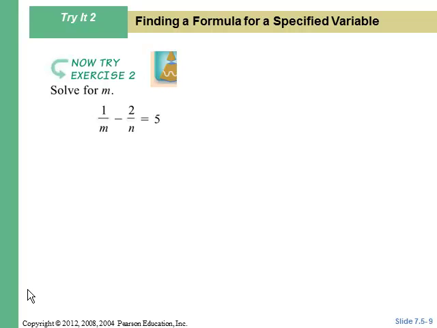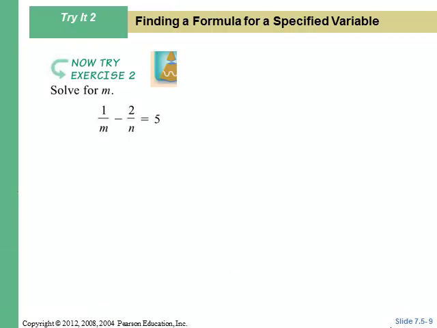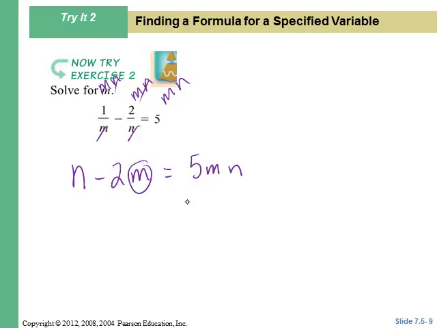All right, try this one. Okay, multiply everything by n, m, n. The m's cancel, so we have n. The n's cancel. 2m equals 5mn. We want the m all alone, so we better add 2m to each side.